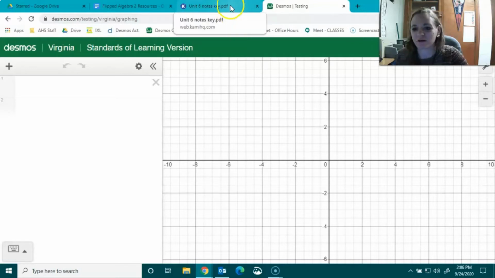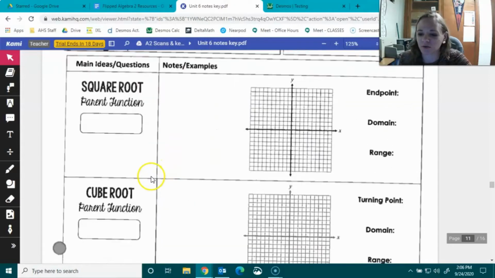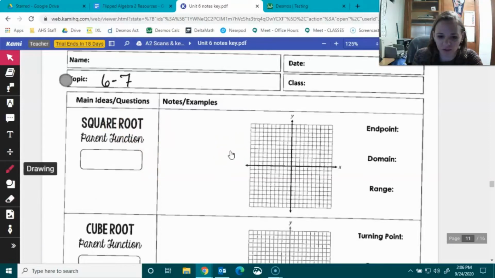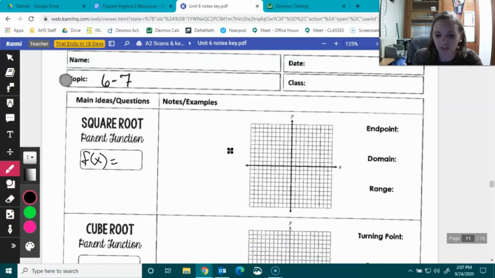We'll figure this out. Alright, so we're going to do some looking at the graphs of our square root functions today. Of course, our square root function looks like this. f of x is equal to, and by parent function, that's the very basic version of the function without any fluff added to it.